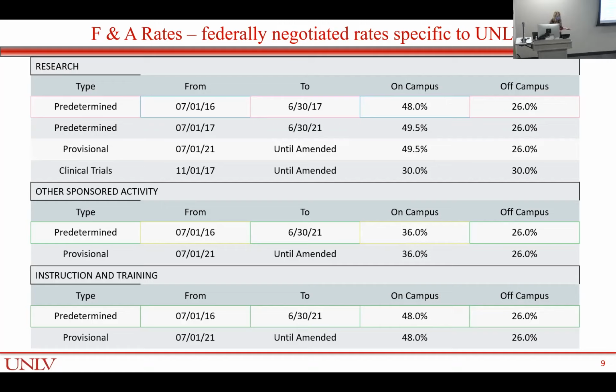We can't charge our 49.5, if you will. We can't submit a budget with that. But every grant, every contract, every sponsored program agreement will have the F&A assessed and included in every budget, unless there's a good reason why it shouldn't, because we want to invest back in the infrastructure. I hope that answered that.